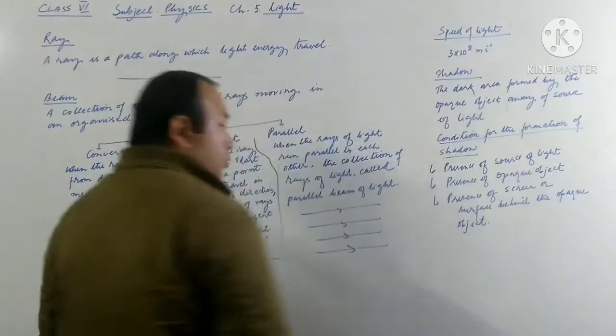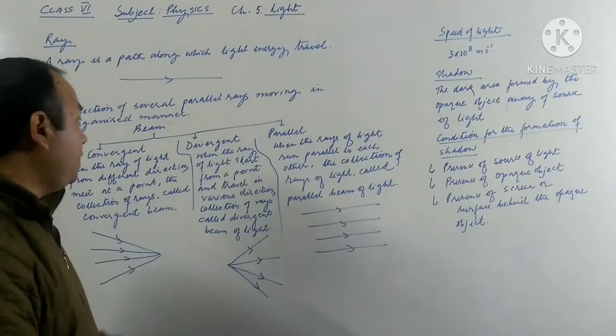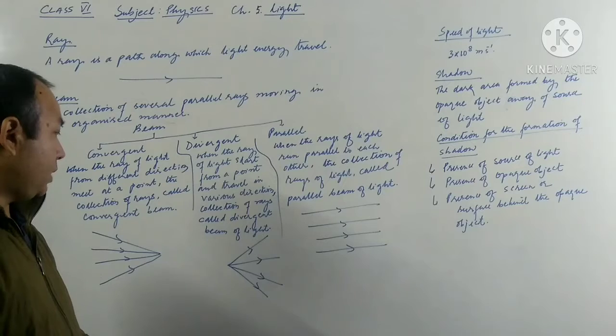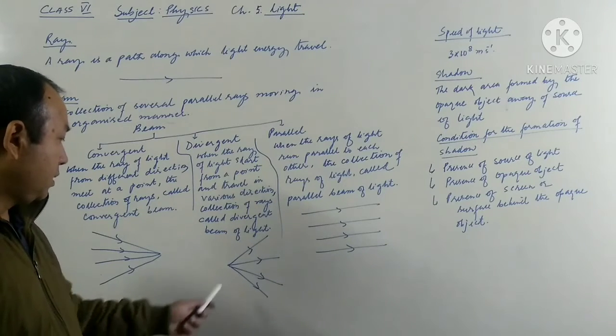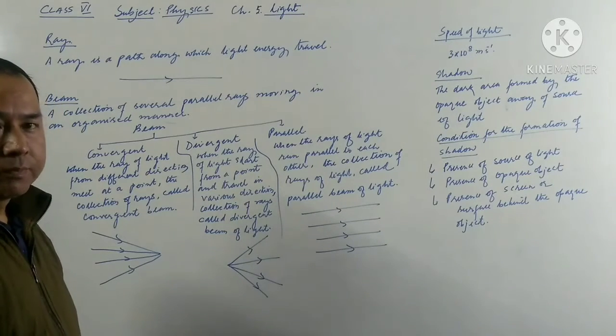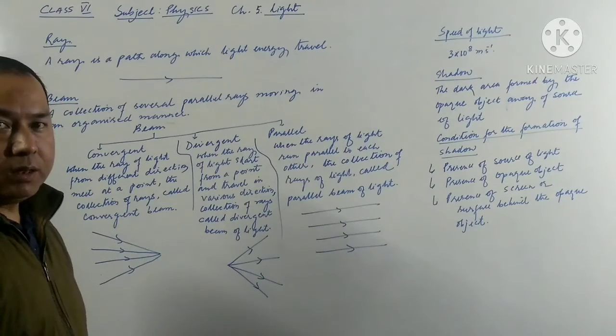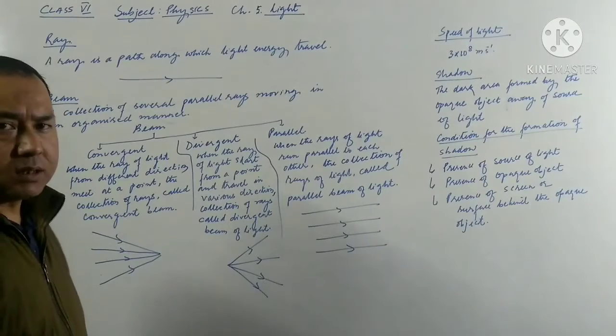Then after that comes the next topic, that is the divergent beam. Here, from a point source, several rays are moving in different directions.